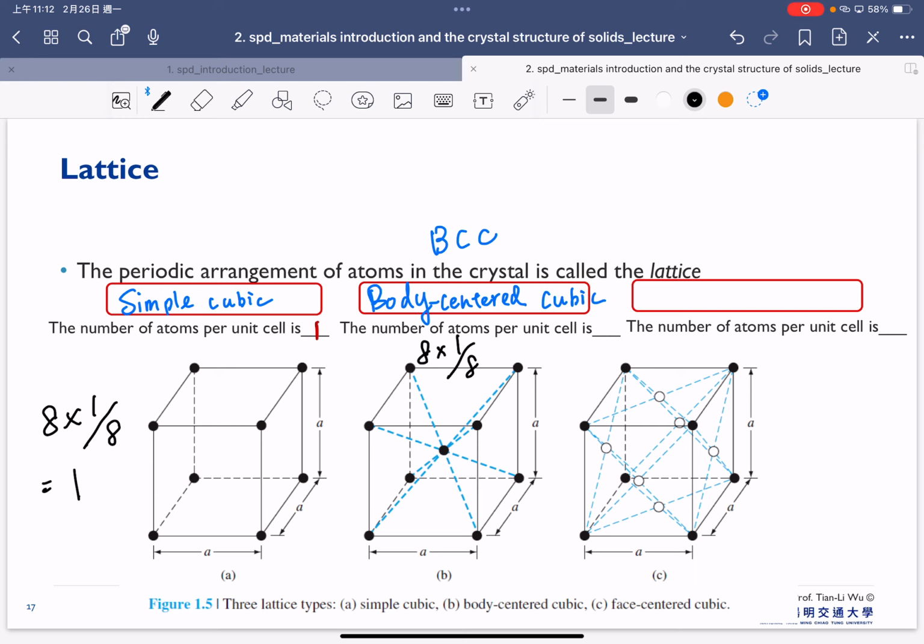But now we have an additional one in the center, so that means we also have to consider this one. And in the end, we have 2. So the number of atoms per unit cell is 2. And then the last one is the face centered cubic.